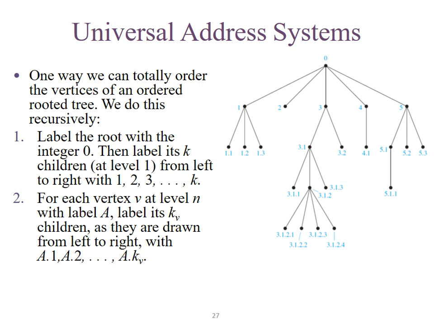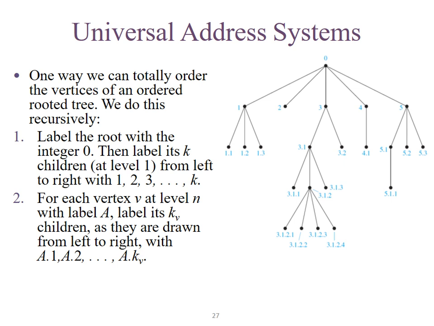Okay, for the root, we assign the label 0, and then for its children, we label from left to right by 1, 2, 3, 4, 5. Okay, so we have level 0, level 1. And then for the next level, we can use 1 as its prefix, and then we have first children, same thing as 3.